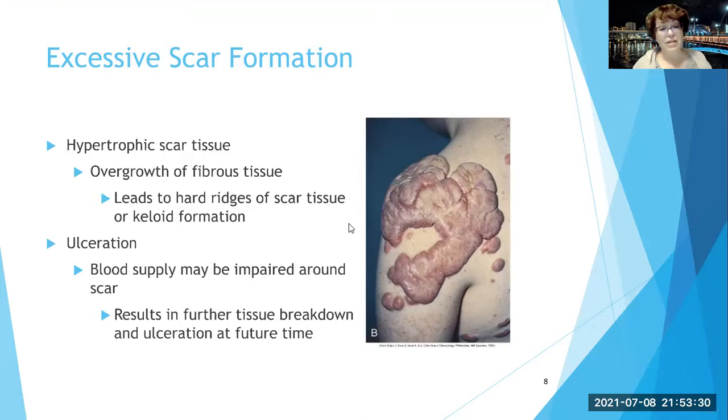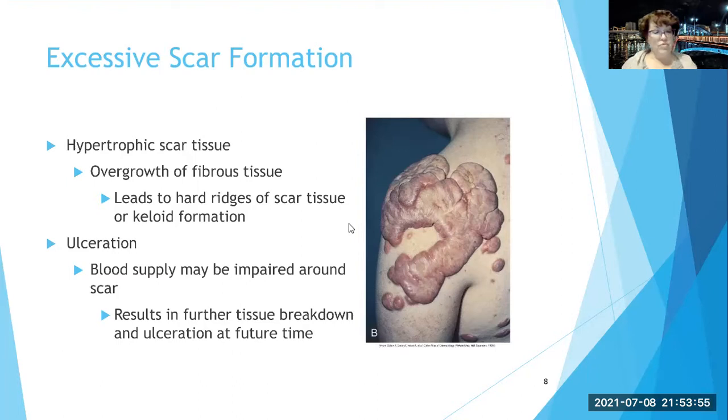These types of scars are disfiguring, and they cause more severe contractures. The skin and the underlying tissue may be pulled out of the normal position by shortening of the connective tissue. So ulceration is where blood supply is impaired around the scar, resulting in further tissue breakdown and possible ulceration.